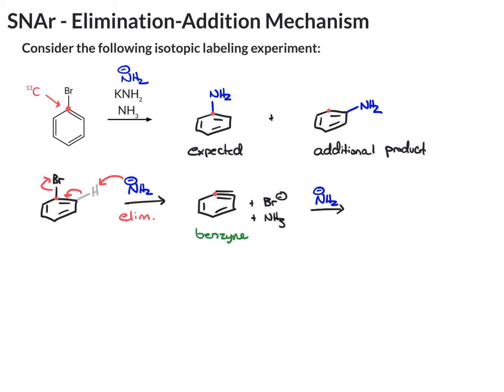So I'm actually going to draw this twice because there's two different options. The NH2 can add to the isotopically labeled carbon, and that will push those pi electrons to the right as a lone pair.